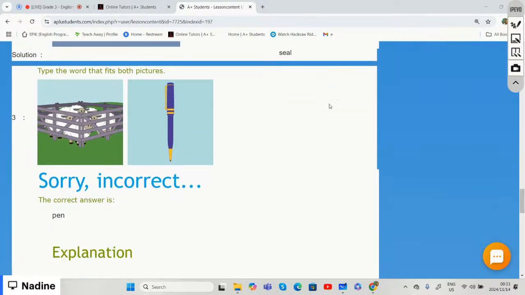And if we look at the last one, and then we're going on to the test, we need to type the word that fits both of the pictures.